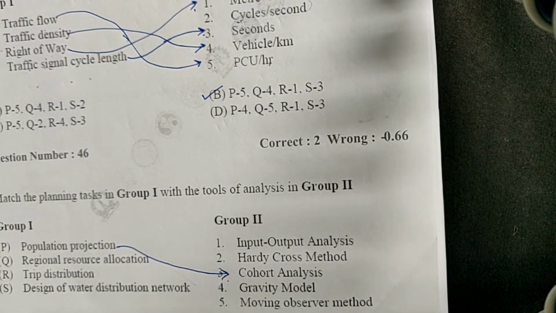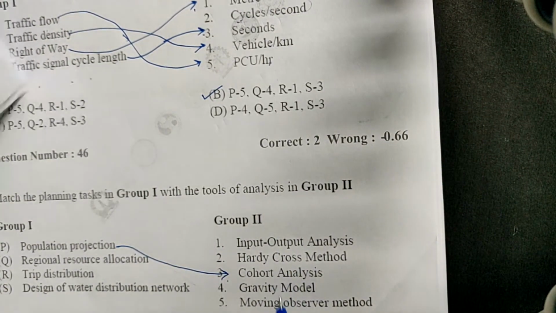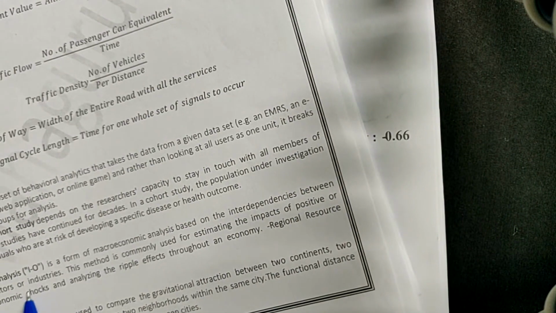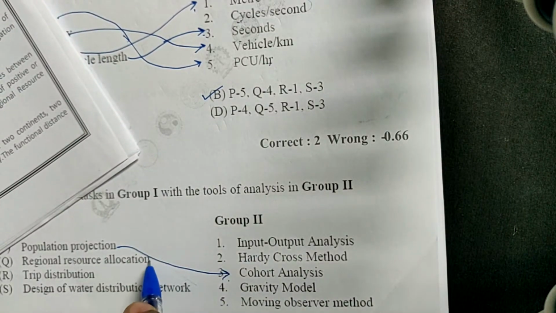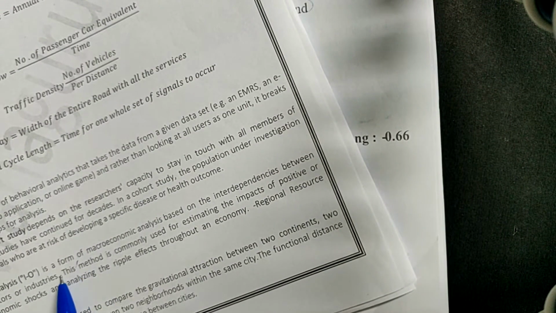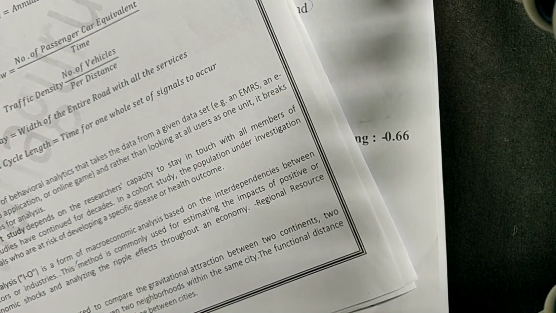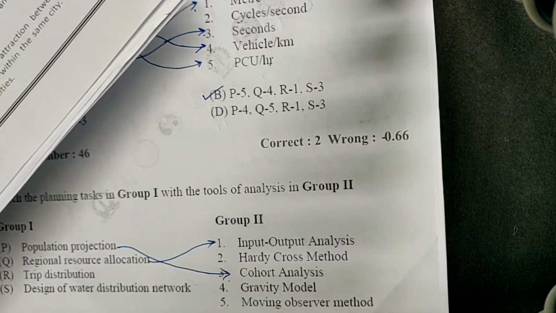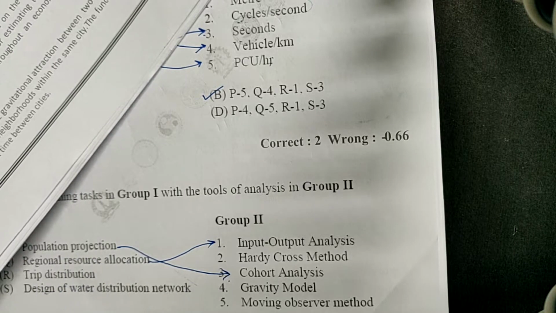The next is input output analysis. Input output analysis is basically your regional resource allocation. It is a form of macroeconomic analysis based on the interdependencies between economic sectors. It is related to economy and resources.